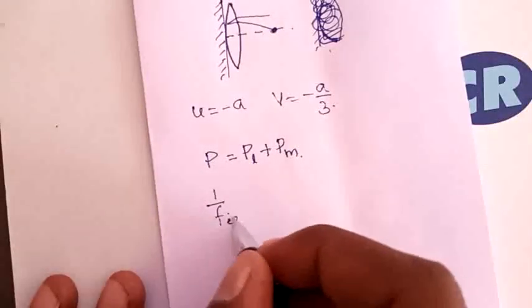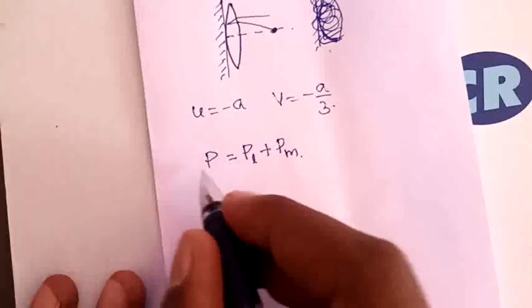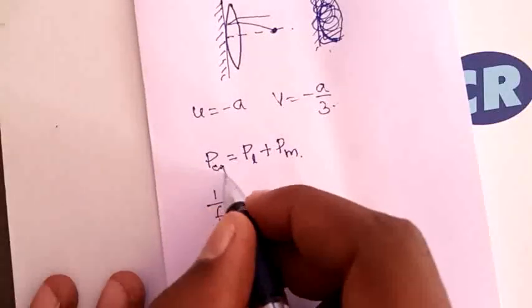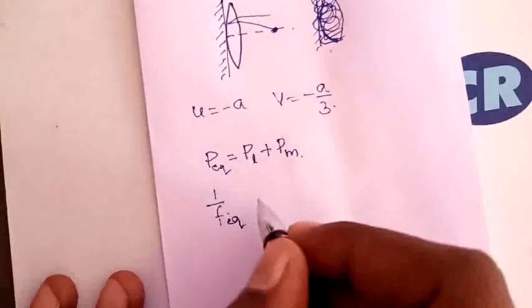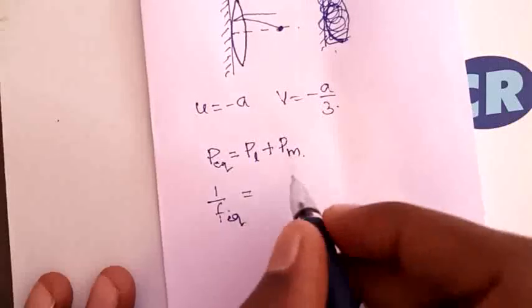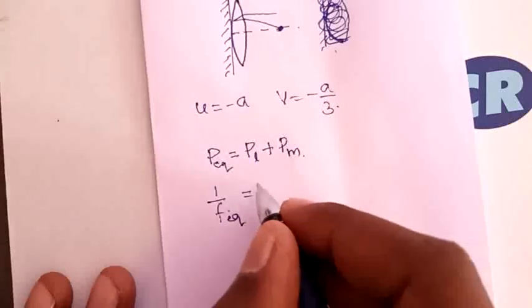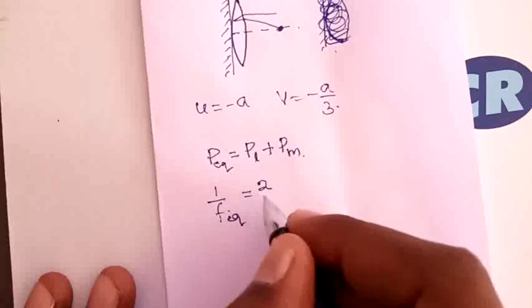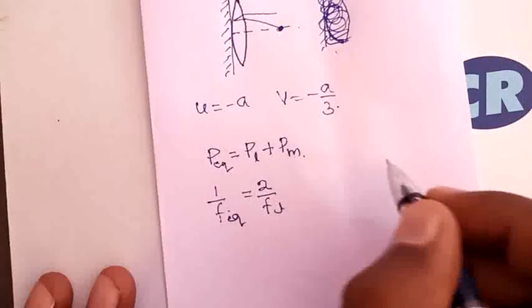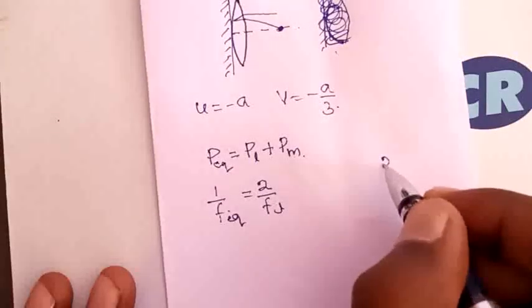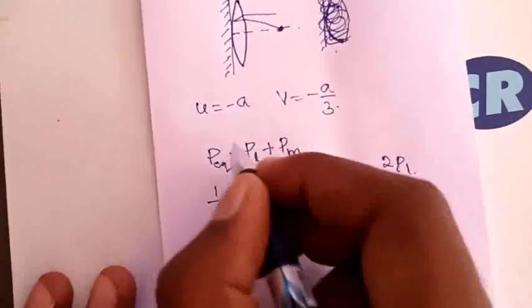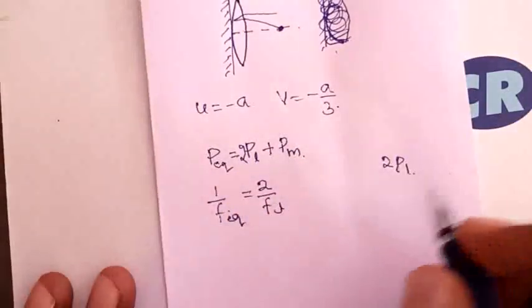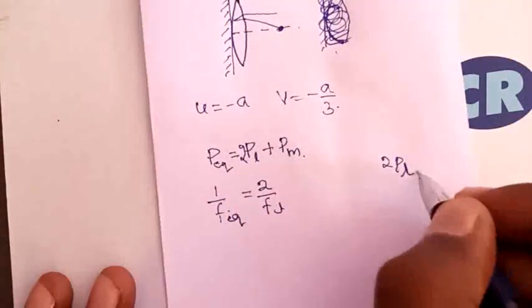So equivalent power is equal to the reciprocal of equivalent focal length. Then here how many times is refraction there? Two times refraction is there. So it is 2 into PL, because two times refraction is there.